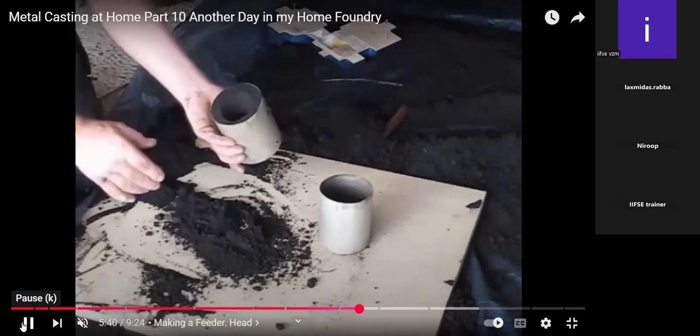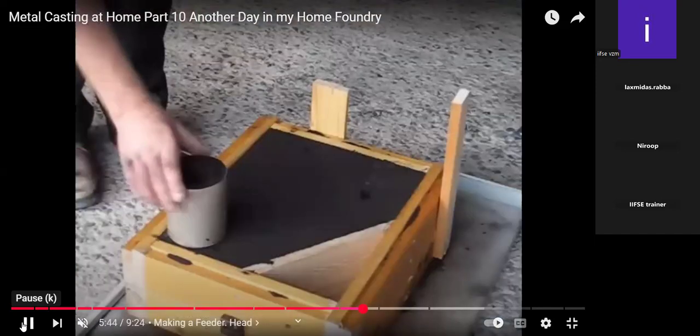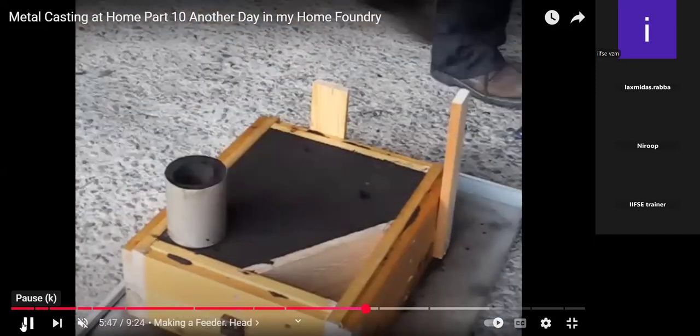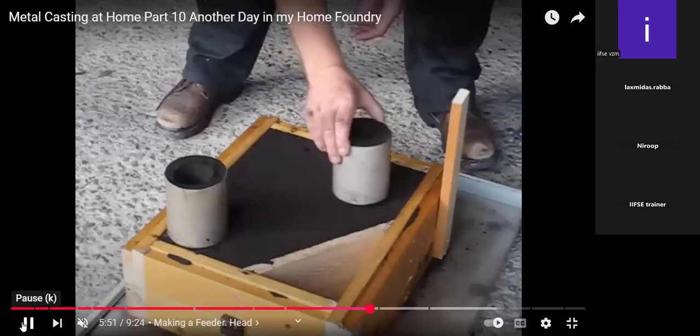He's making some risers to pour the metal, instead of pouring directly on the pattern, because that wooden piece would get damaged.